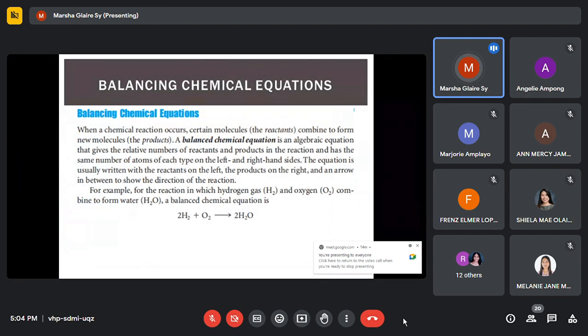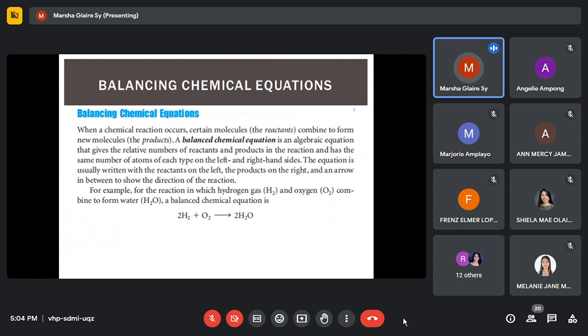So we have here the balancing chemical equation. This is the second application. So we have here an example. Let us define first balancing chemical equations. When a chemical reaction occurs, certain molecules combine to form new molecules, which are the products.